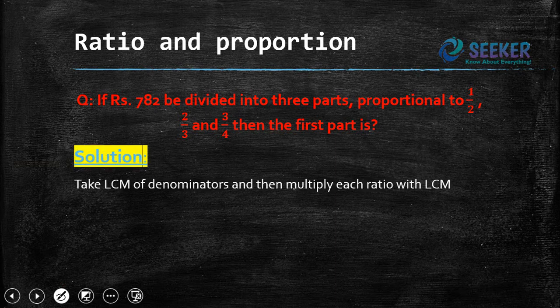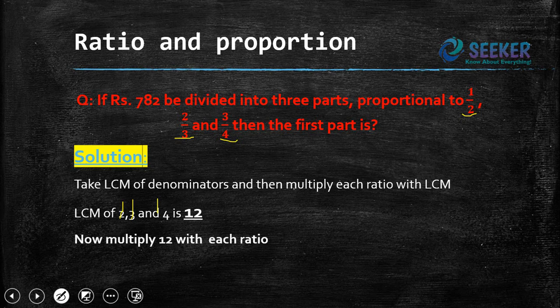First of all, we have to find the LCM of the denominators. 2, 3 and 4 are the denominators of these terms. Let's find the LCM, least common multiple, of these quantities. So the LCM of 2, 3 and 4 comes out to be 12.